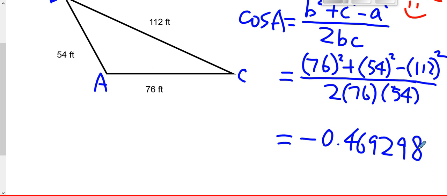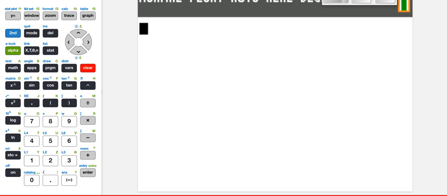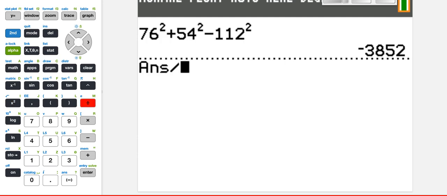Well, perhaps I should show you how to do this. Your calculator is stupid, trust me. So make sure you put a whole bunch of brackets. 76 squared plus 54 squared minus 112 squared, enter, and then divided by, make sure you use brackets, 2 times 76 times 54, close bracket.